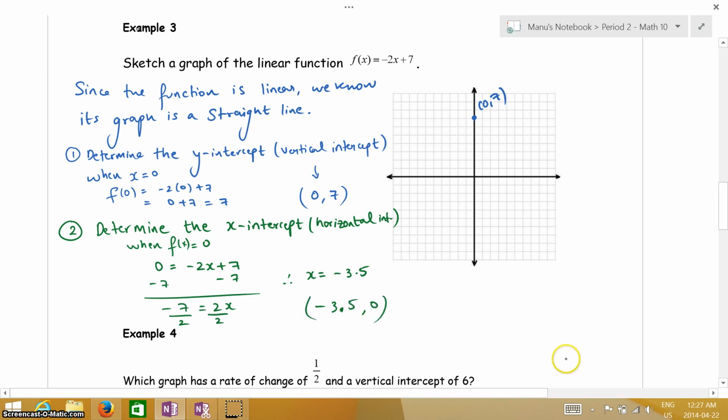That's your x-intercept. So on a graph, that's going to end up right here. Then your resulting graph is simply going to be the straight line that's formed by connecting those points together.